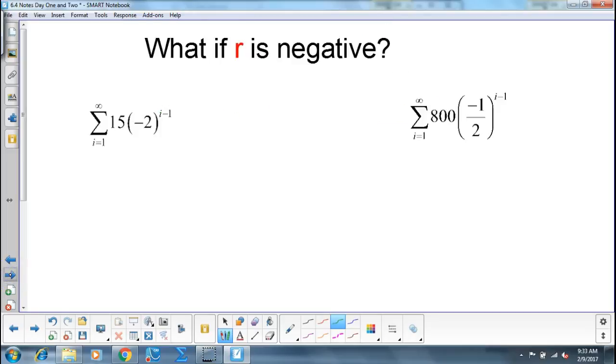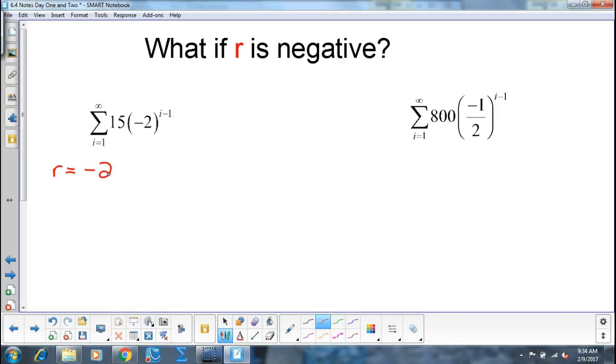Okay? My question to you now is this. What happens if r is negative? Not plus. Right. Just go on the other way. Can we do those? Well, let's try our formula. Okay. First off, what's my r value here? Negative 2.